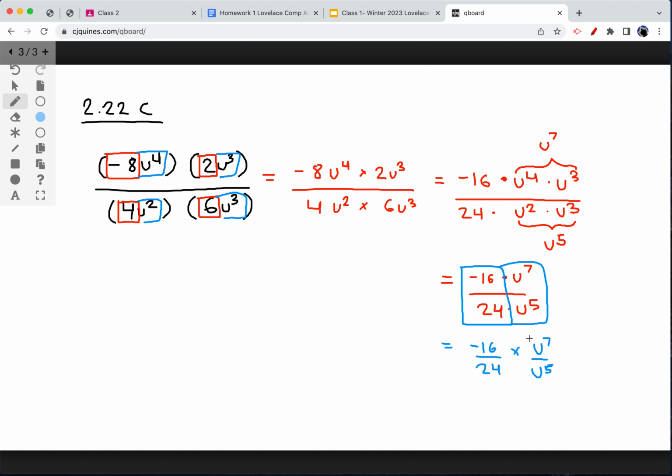Now we know this part is going to be equal to u to the power 7 minus 5, which is just u squared. And if we simplify the fraction, it'll just be minus 2/3. So that will be our answer.